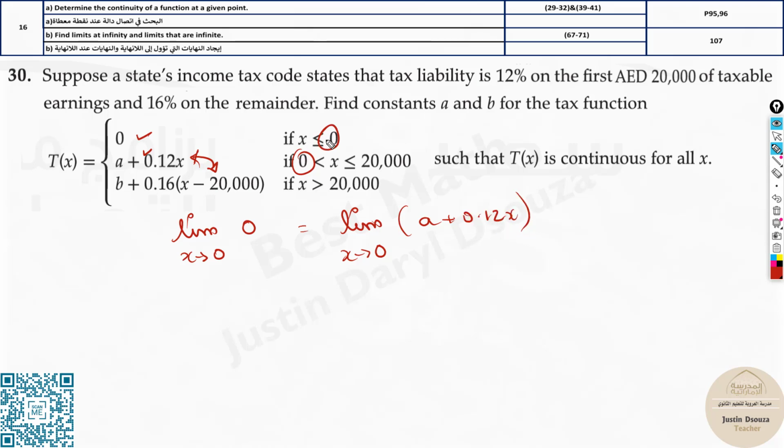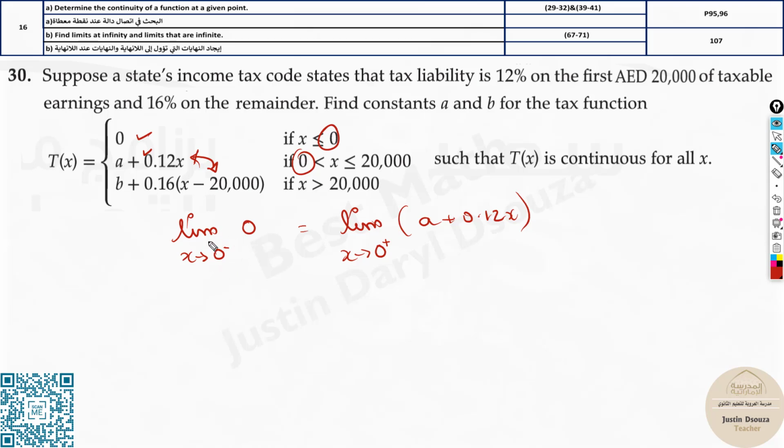Now here, can you see it's less than or equal to? So let's take a negative sign. That means it's showing from the left side. Now here, x is greater than 0. So we can take a plus sign, indicating it's from the more than that value. So this is the difference, because here x is less than or equal to 0, so negative sign, here it's positive because it's greater than 0.